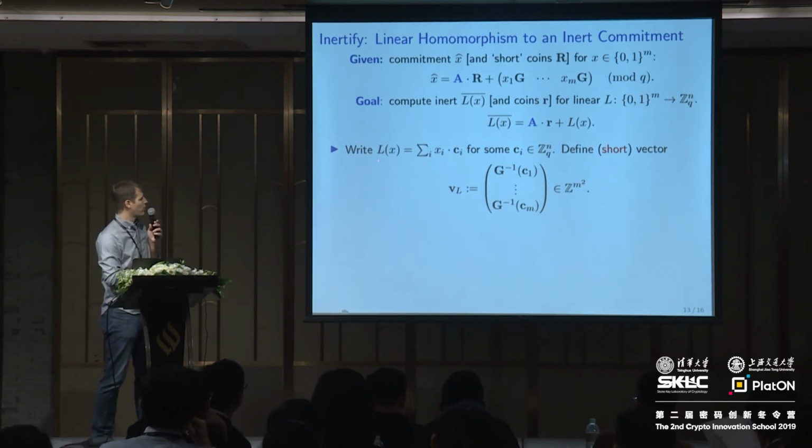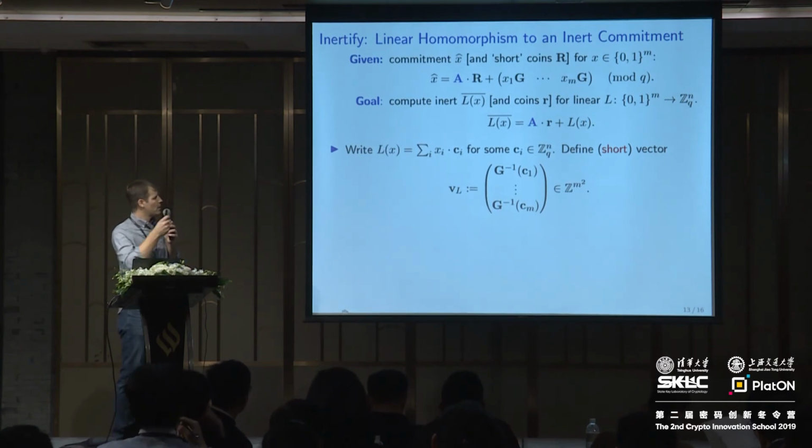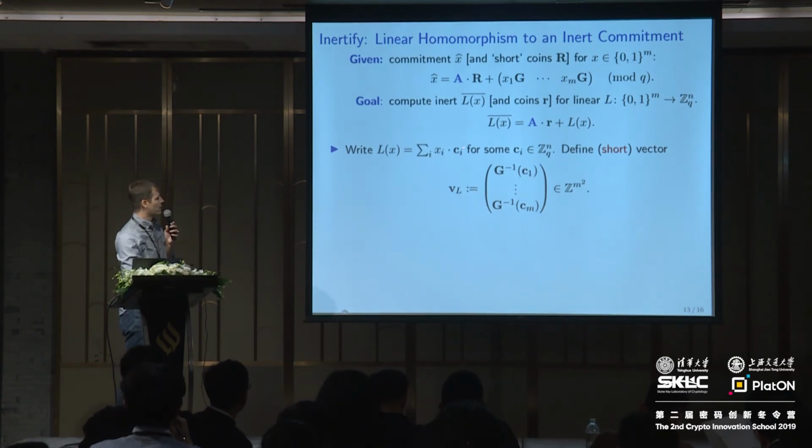Now what we'll do is define one very tall but low norm vector, which is just the G inverse of all these vectors ci. We stack them on top of each other, and that gives you a binary vector of very large dimension, m squared.